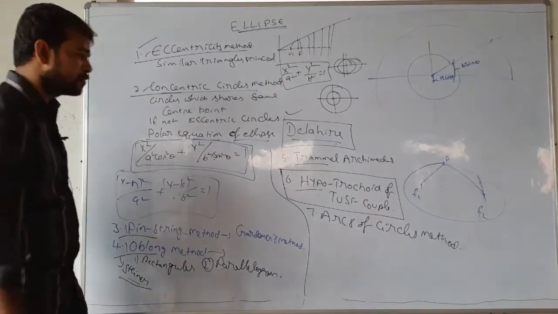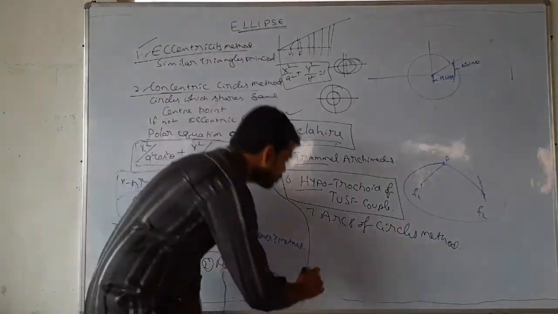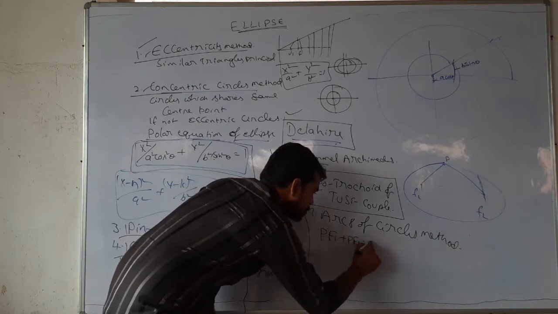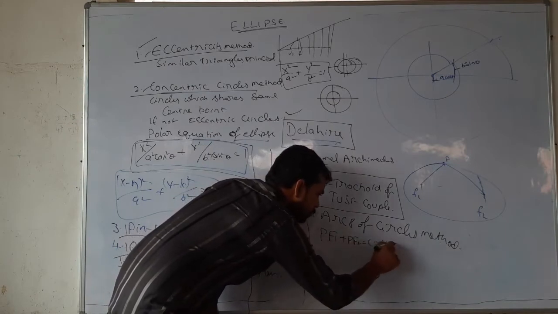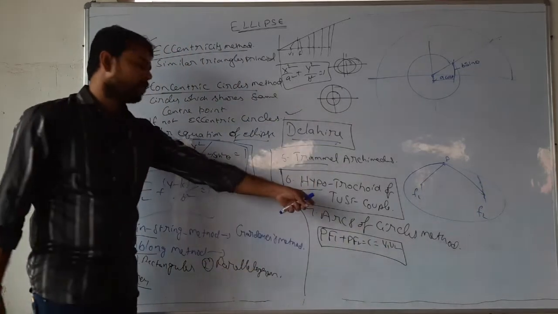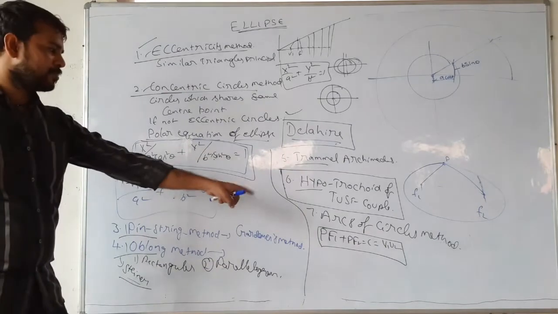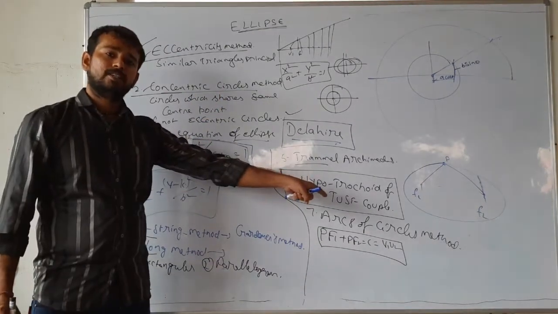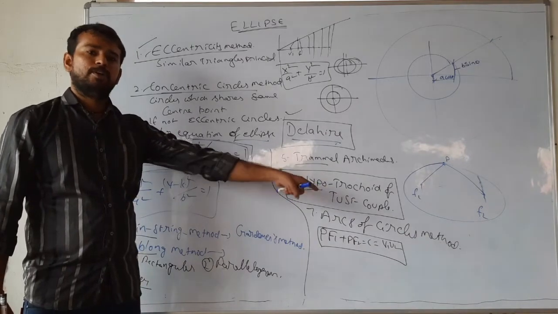The arcs of circles method strictly follows the principle PF1 plus PF2 is equal to a constant, that is equal to the largest conjugate axis of the ellipse.